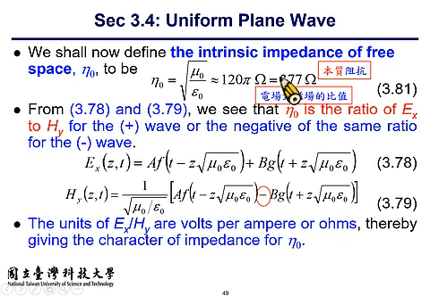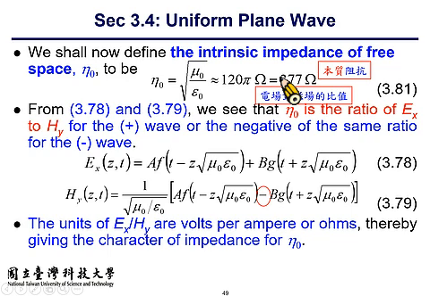So the intrinsic impedance simply stands for the ratio of the electrical field intensity over magnetic field intensity. So it's the ratio of E and H field.